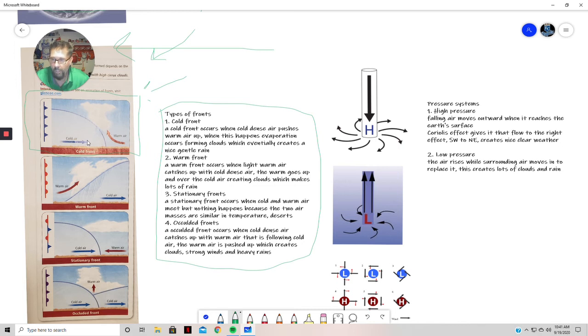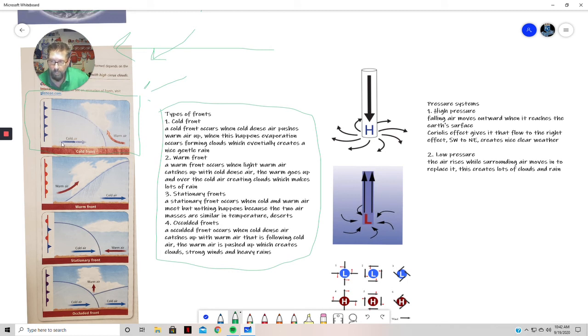Cold air is dense. So you can think about it, warm air is like cotton candy, and cold air is like a brick. If I throw a brick at some cotton candy, the brick is going to displace or push up or down the warm air. So bricks and cotton candy, that's your metaphorical image.